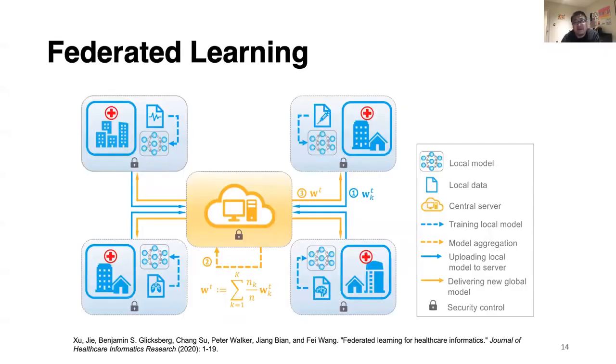And also federated learning. It's also related to the privacy issues because the data are scattered here and there, and a lot of the biomedical data, especially clinical data, contain sensitive protected patient health information. So how can we leverage as much information as possible across those different institutions, while at the same time not releasing the patient privacy information?